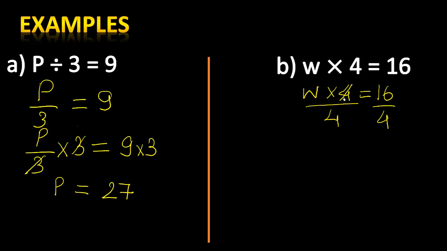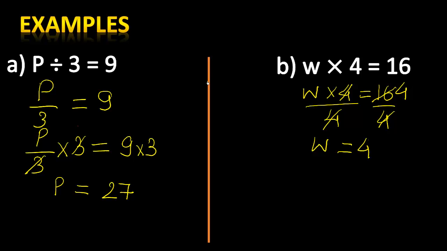Now this would cancel out, which leaves w. And if you remember the 4's table, 16 comes at 4. So that means 4 times 4 is equal to 16. So that would be cancelled out, and 4 is left. w is equal to 4.